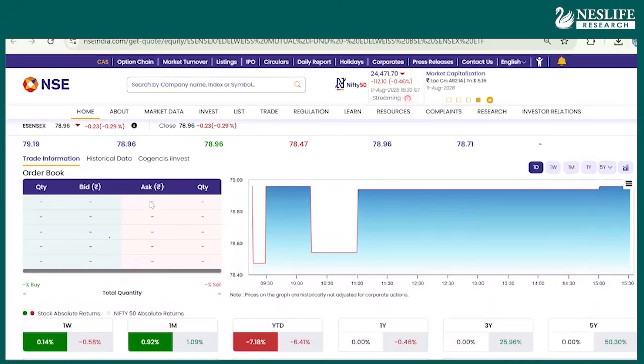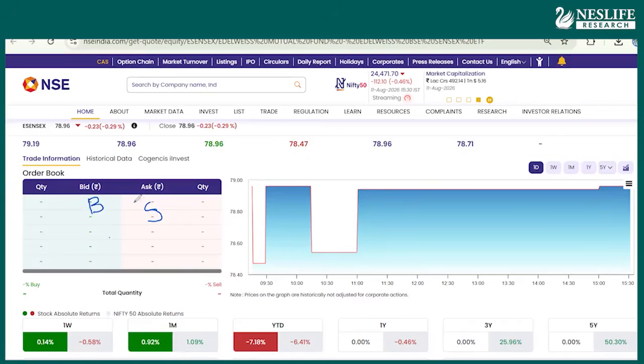So the ask price is the seller price, and this is the buyer price. If there is a lot of difference between sell minus buy, it means there is a huge liquidity problem.